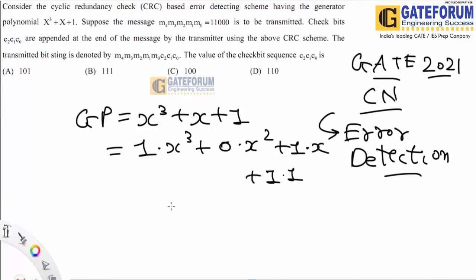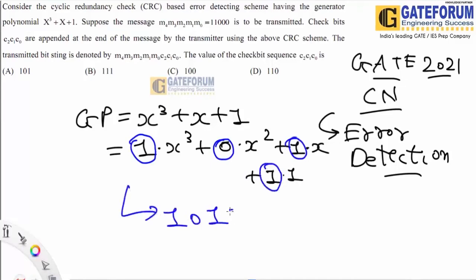From all the parts, we only take the coefficients: 1, 0, 1, and 1. So if we take all the coefficients, we get the value 1011. This is the binary form of the generator polynomial.